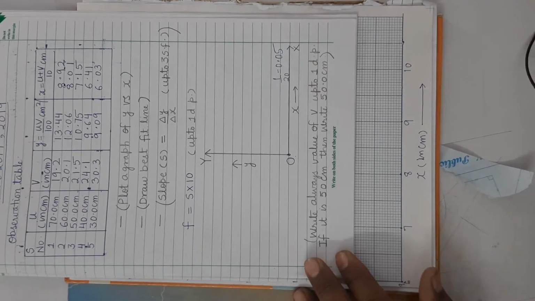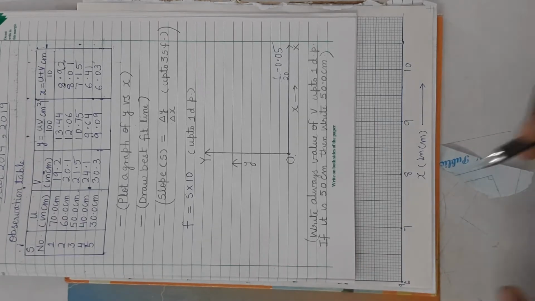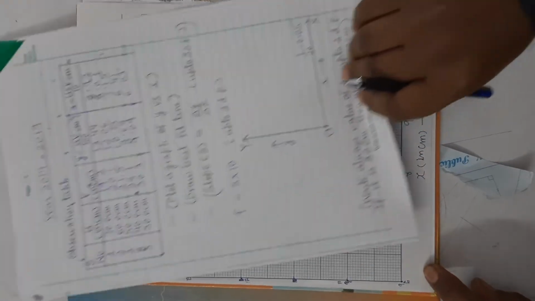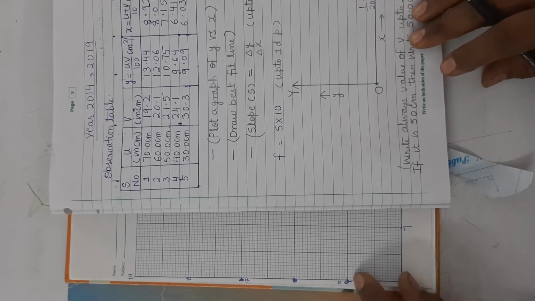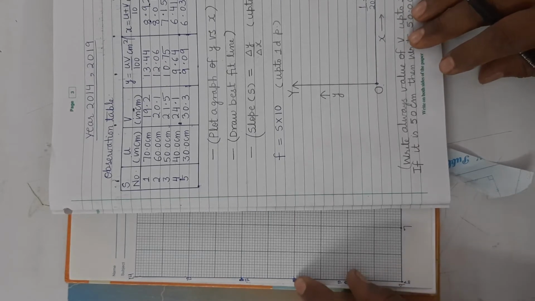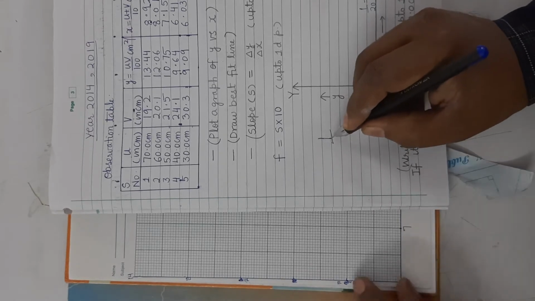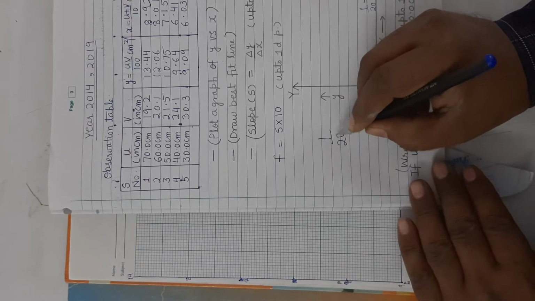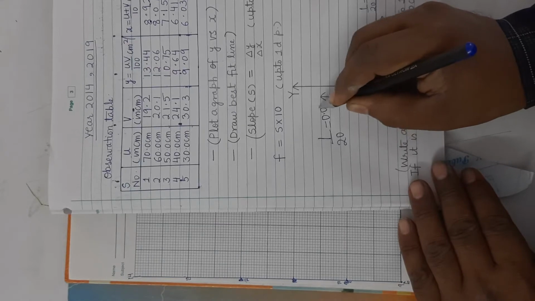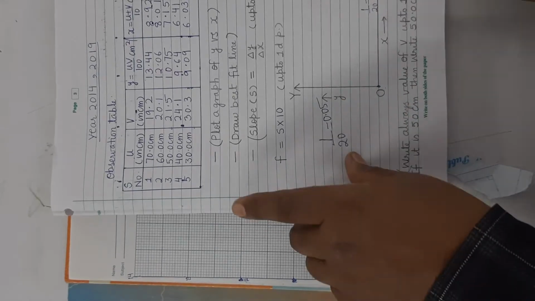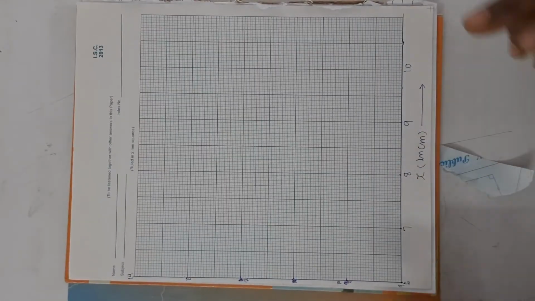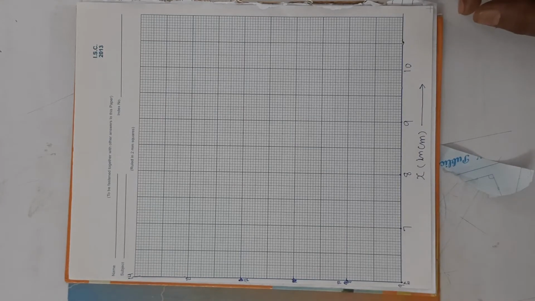Least count is here 0.05. On y-axis it is also the same. This is 10 and this is 11. What is the difference of unit? 1. And divisions are 20. 1 upon 20, that is 0.05. Means one small division in both the sides is 0.05.